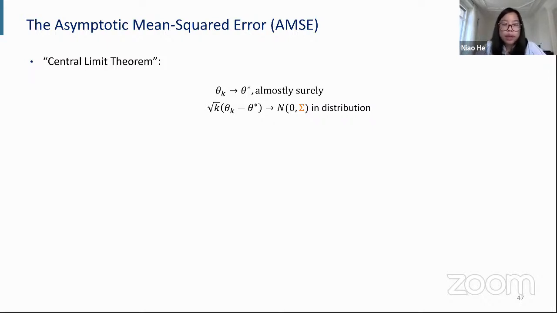This not only characterizes the convergence rate, but also the dependence on the system parameters. A good way to compare two different algorithms in the asymptotics is based on comparing the asymptotic variances, and that basically characterizes how stable each algorithm is.